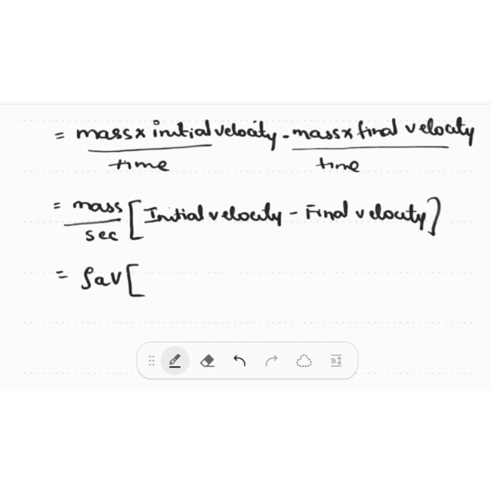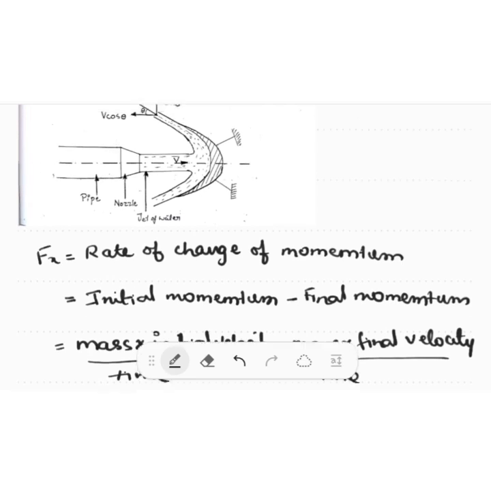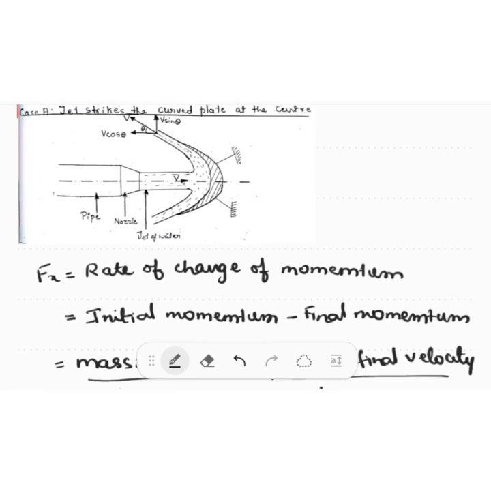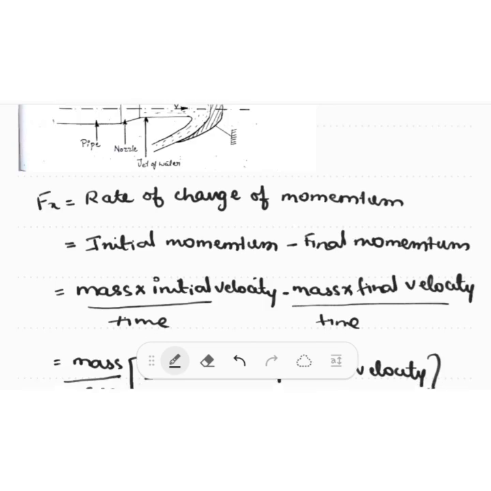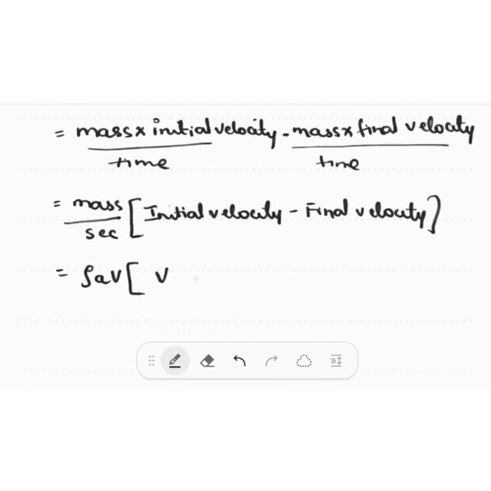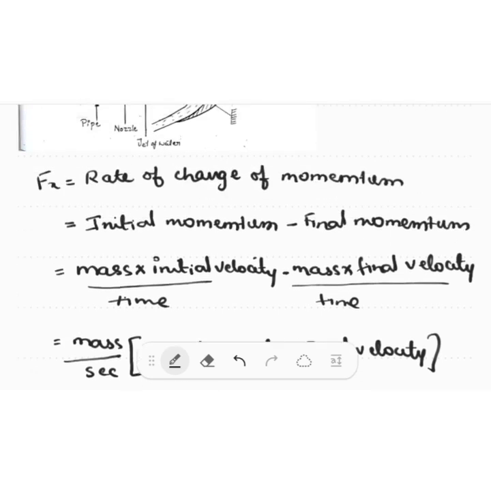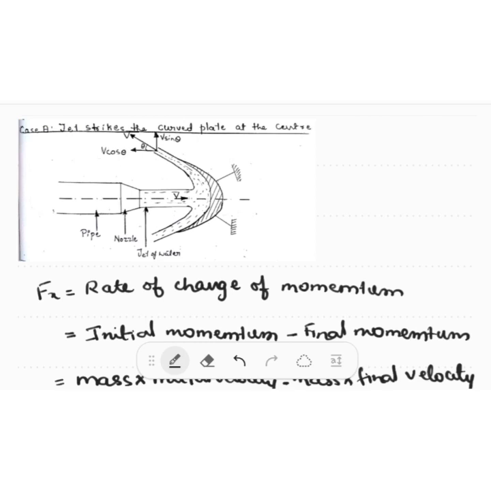So let us see what the initial velocity is. In the figure we can see the velocity of the jet before hitting the vane is v, so we write v and put the minus sign. Now let us see the velocity after hitting the vane. After hitting, the velocity is v cos theta, but it is in the direction opposite to the jet, so it will be minus v cos theta.